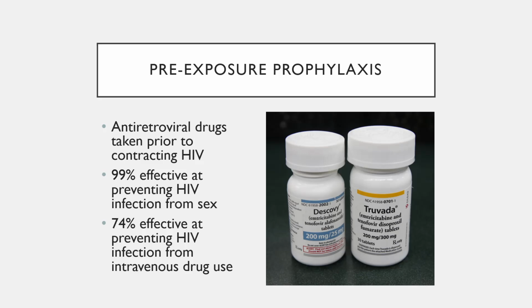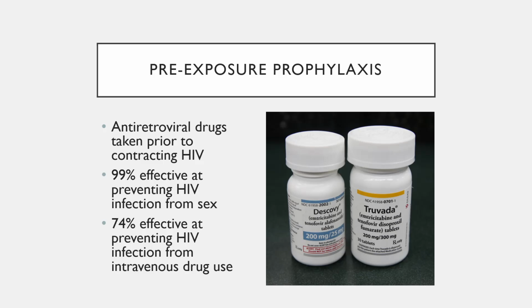For example, a person who knows that their partner is infected with HIV, or a person who uses intravenous drugs and shares needles might seek out PrEP from their doctor to prevent acquiring an HIV infection. PrEP is 99% effective at preventing HIV infections from sexual intercourse, and it's 74% effective at preventing HIV infections from intravenous drug use. So these are oral tablets that people can take.